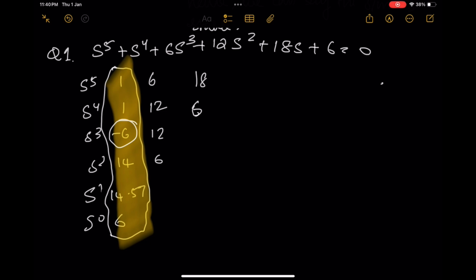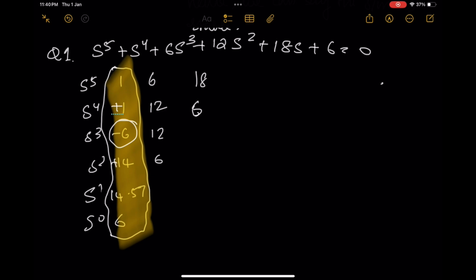And considering that there are two sign changes: by two sign changes, what I mean is this was positive 1 and it changed to negative 6, that is one sign change. And the negative 6 changed into positive 14, that is the second sign change. So there are two sign changes in the first column.